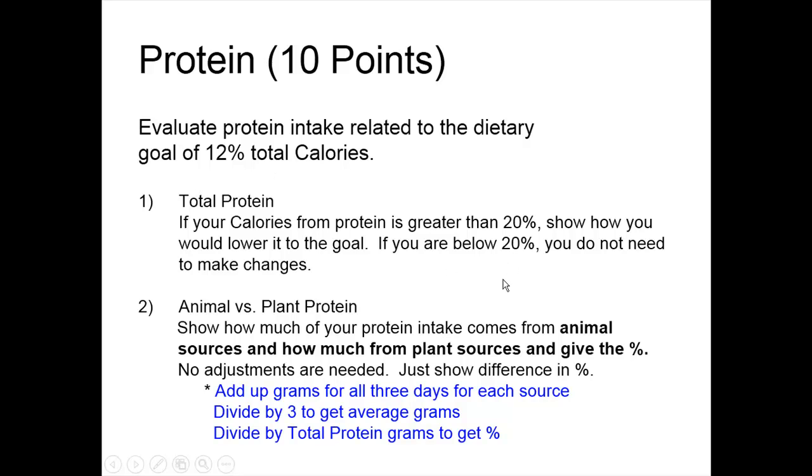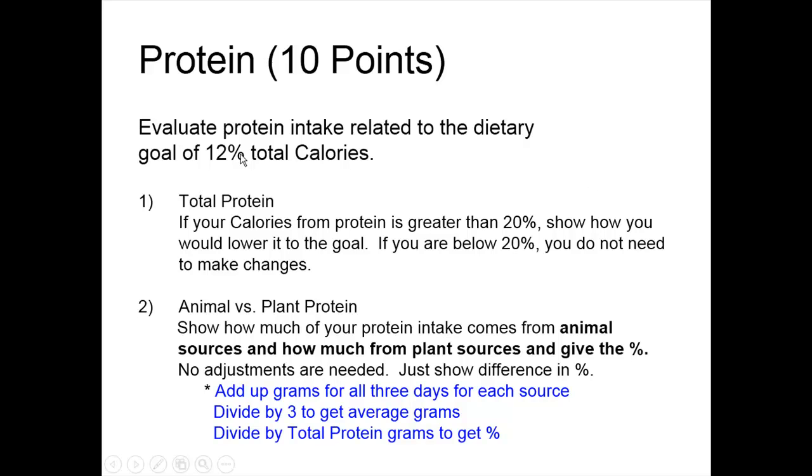If you're below 20%, you don't need to make any adjustments to your total protein. And if you make adjustments, it'd be the same process that we went through before. Go to the column for protein and go through the 3 days and make adjustments by changing your food intake and dropping whatever's high in protein to get it down to 20% or 12%.